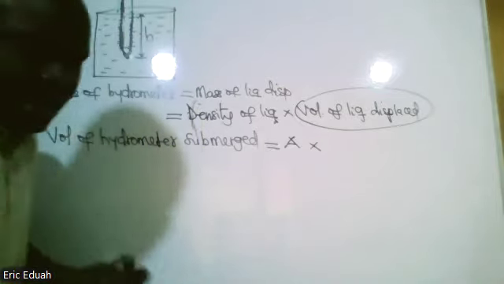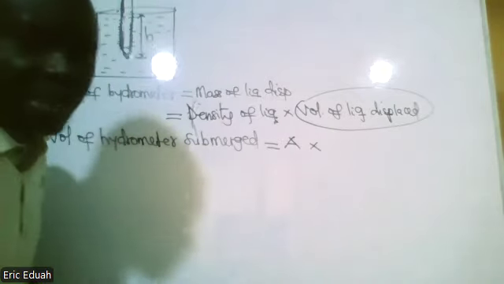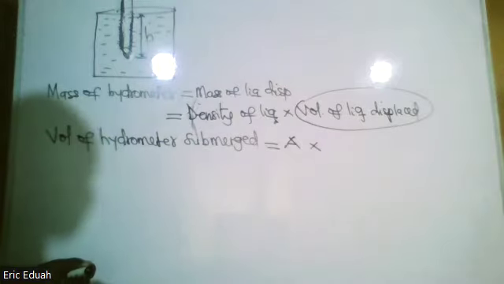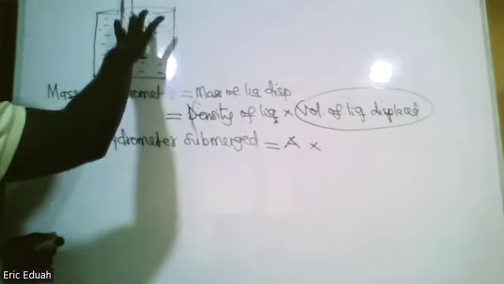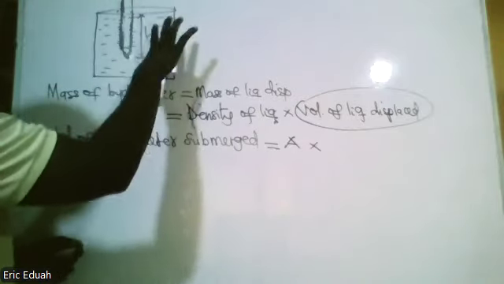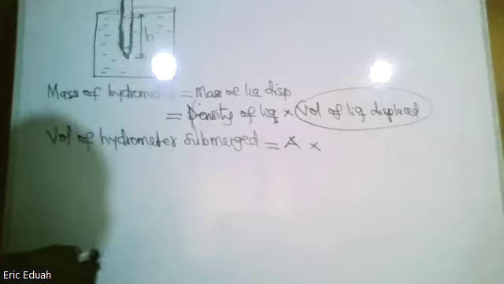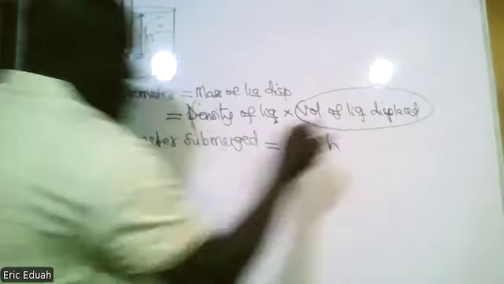I said the higher the submersion of the hydro, the less dense the liquid is. So if it submerges more, okay, then that length or height of submersion is what is represented as H from the surface of the liquid. So H.